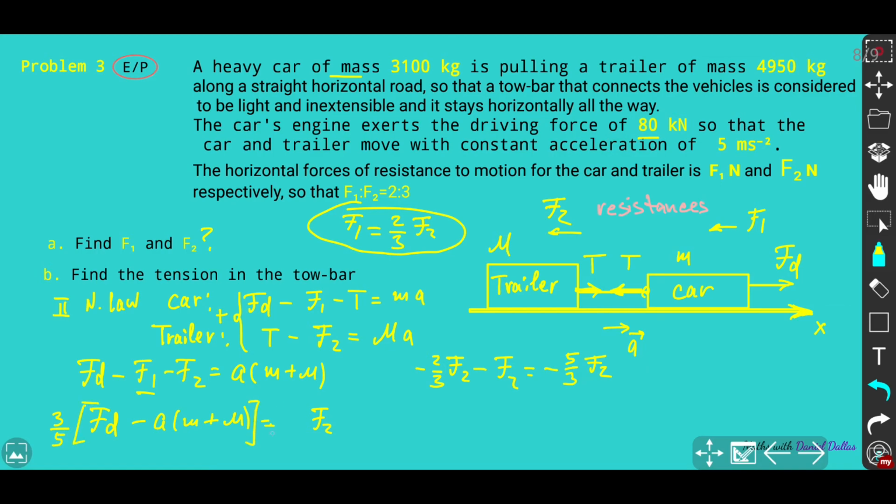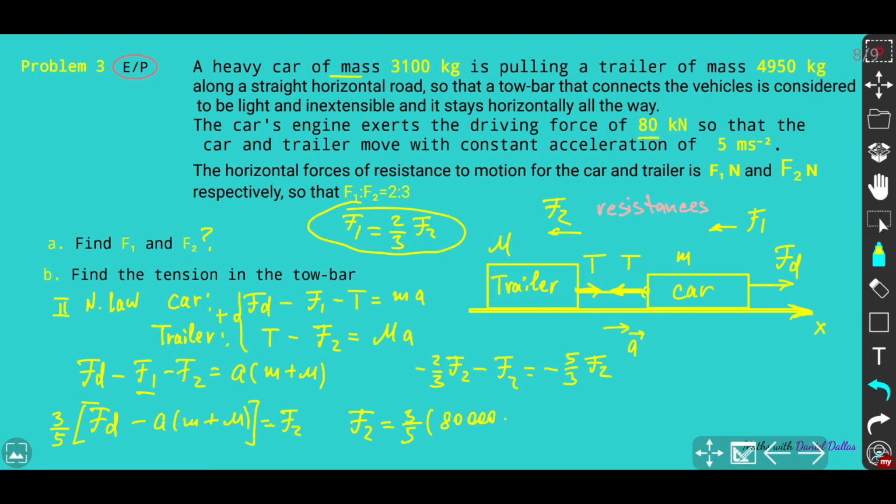This is F2. Of course, I'm not going to express F1 in this awful way; I'll just calculate F2. Let's plug in the values: 3/5 times 87 minus acceleration 5 times the total mass, which is simply the result of that.